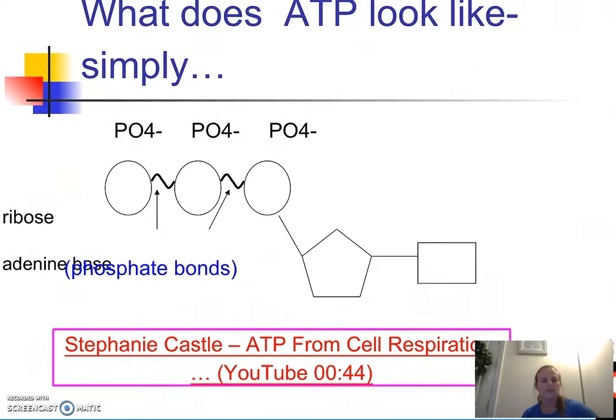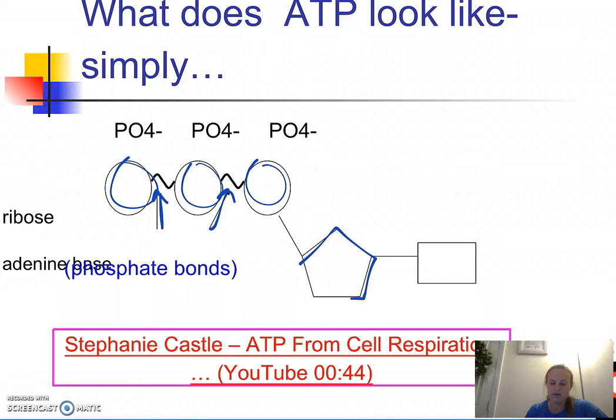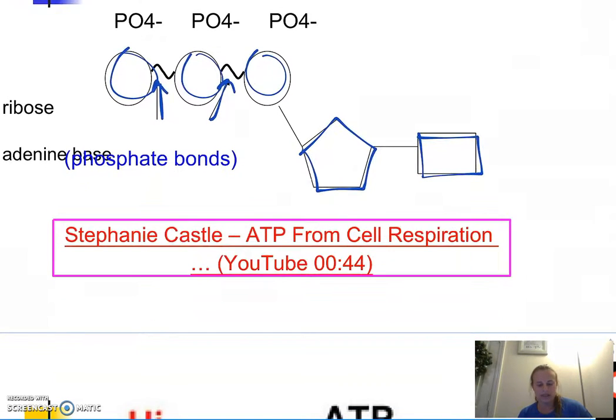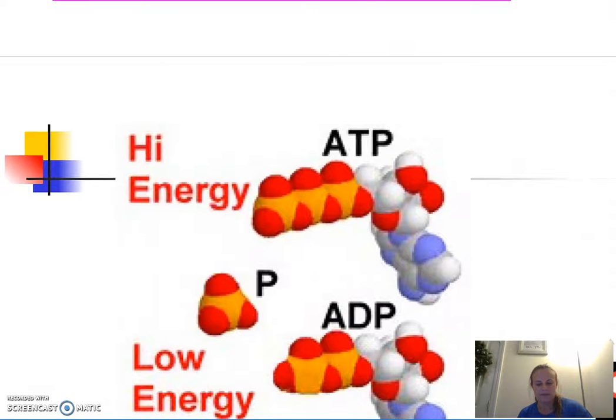If I were to simply draw ATP, I would have my three phosphates connected by high energy bonds, and my ribose sugar connected to my adenine. This is a really great video from Stephanie Castle that elaborates on ATP.